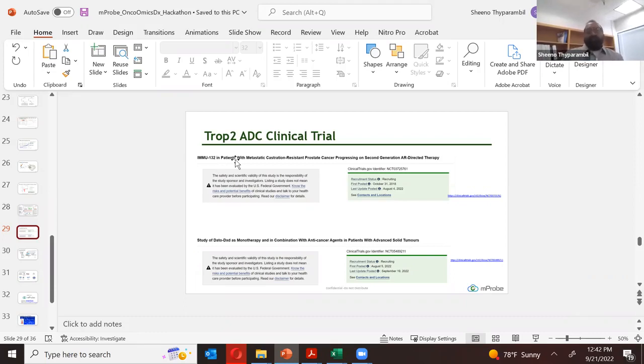That way you're stacking the odds in your favor. And it could be you're a better candidate for TROP2, or maybe a better candidate for an anti-HER2 ADC clinical trial. ADC clinical trials are making waves, so figuring out which clinical trial to enroll in would be handy here.